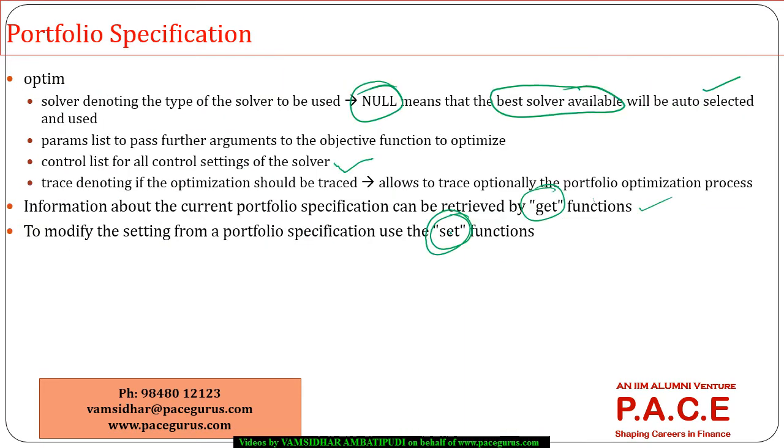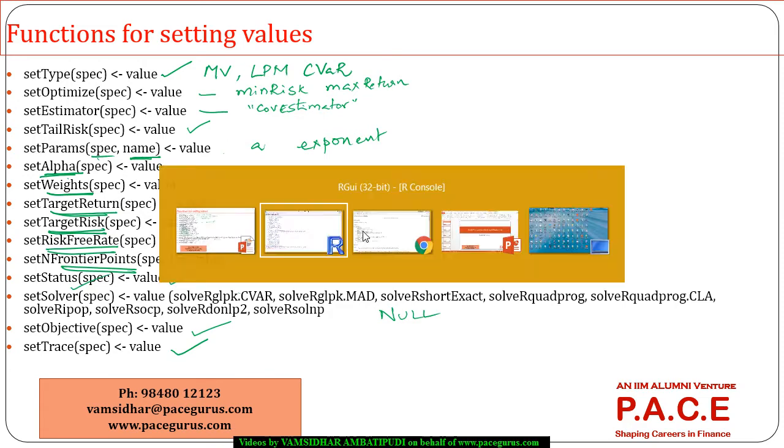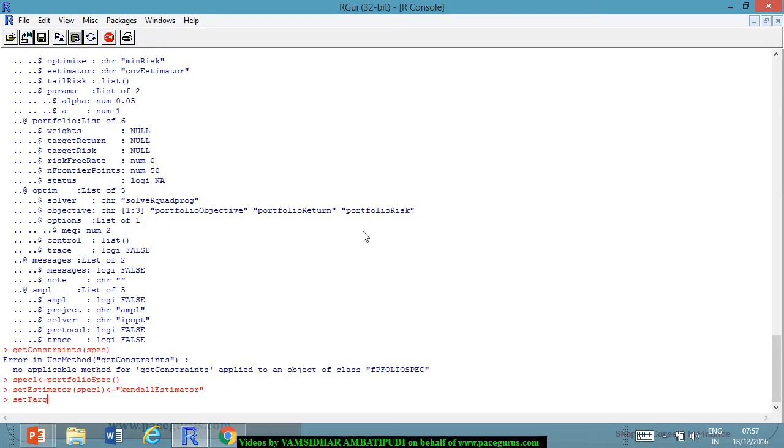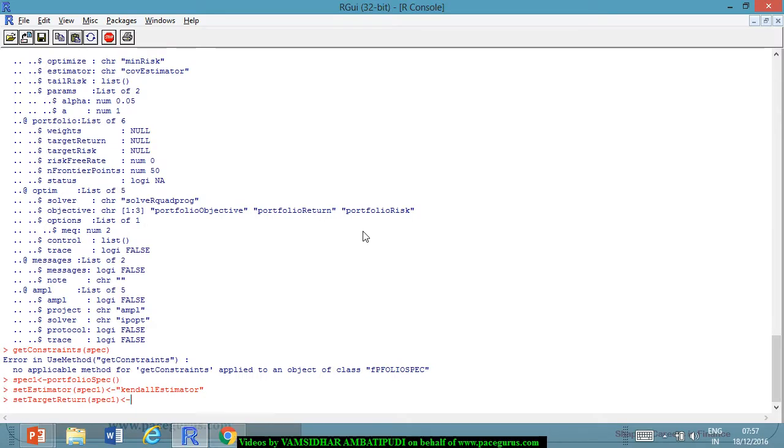Let's give a target return, right? So I can say set target return of spec 1. So remember, this is the data in terms of percentage, and that too we are talking about monthly data.